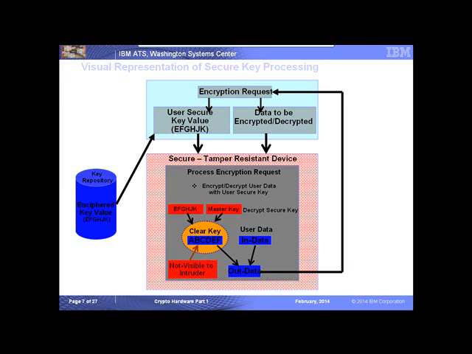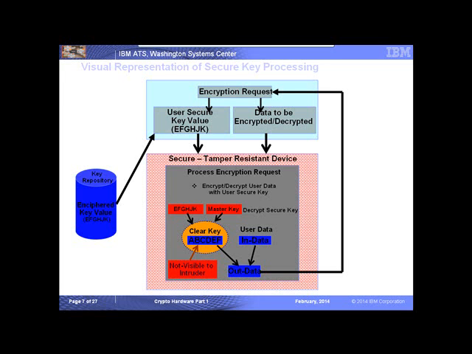But the bottom line is your key value of ABCDEF is encrypted under this master key, and that ciphertext, in this case EFGHJK, is what's stored in the CKDS, the key repository. So once again, when you want to use that key, you want to encrypt some data with that key, your program will call an ICSF API.